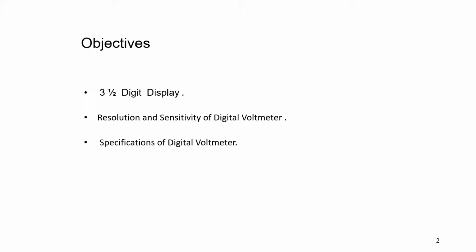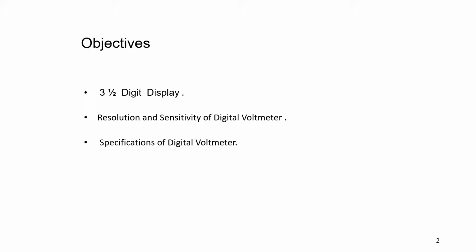They have high input range with automatic range selection and overload indication. The input impedance is high, the resolution is better, the output in digital form can be directly recorded, and it is suitable for further processing also.